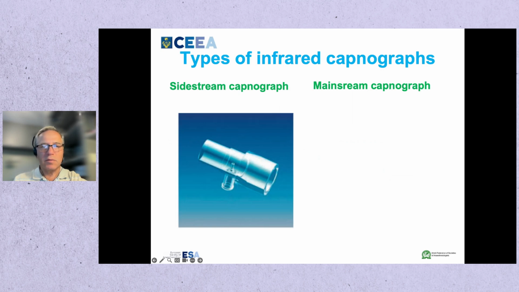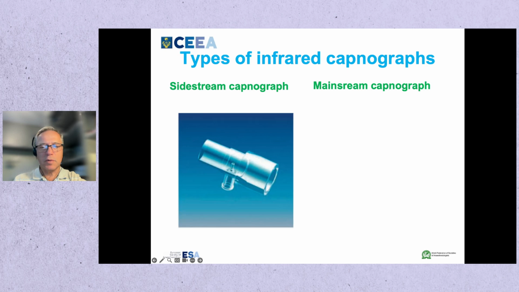Let's talk about the types of infrared capnographs. There are two types. The most common type is the side stream type, where the sample gas is drawn from the main respiratory flow through a side port via a narrow tube to the sample cuvette. The flow rates vary between 50 and 500 mL per minute.